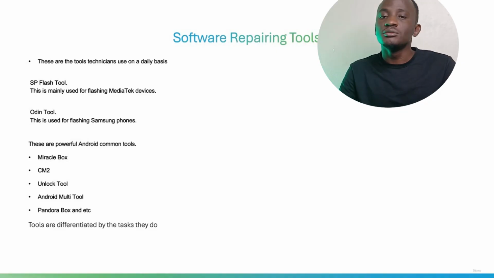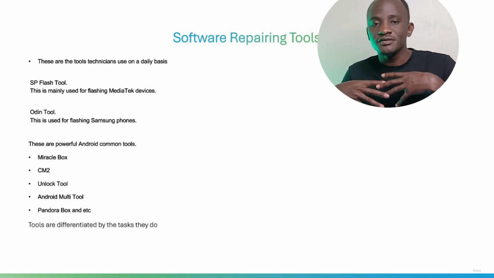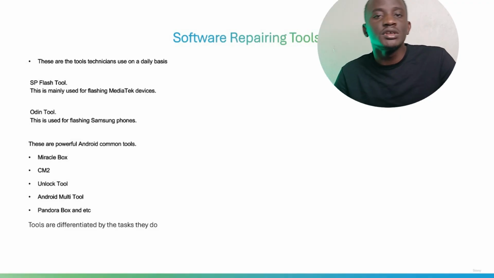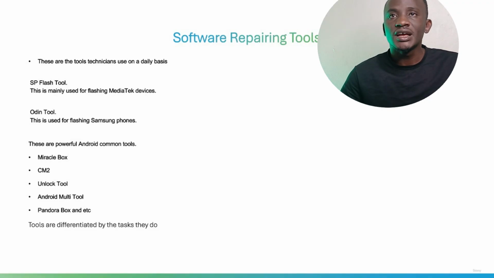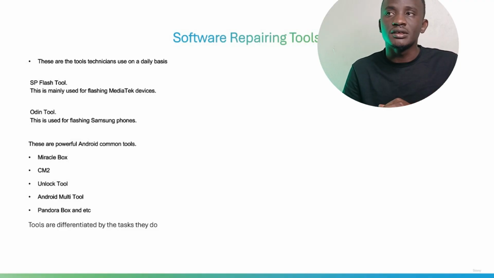In most cases, the tools that we use are differentiated by the tasks that they do. As for me, I use about 3, 4, or 5 tools, period, and they pretty much do the job for me. Most of the tools have the same basic usage: they can do FRP, they can do factory reset, and pretty much read partitions.